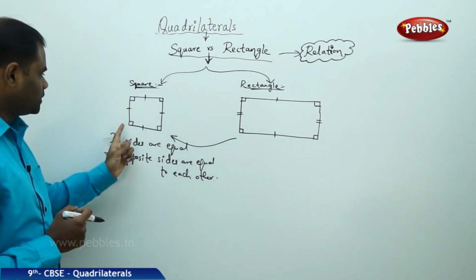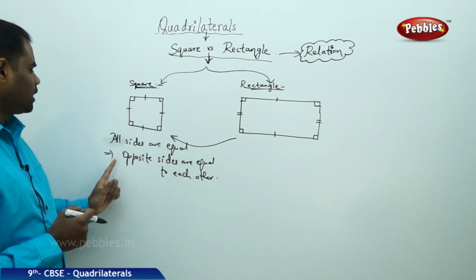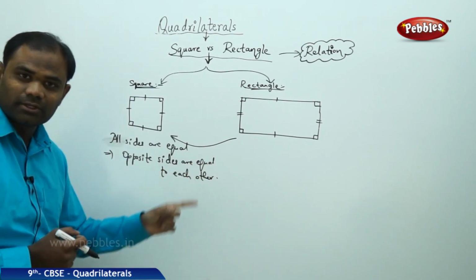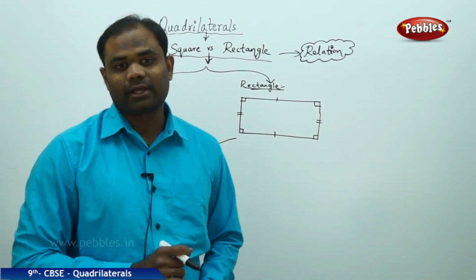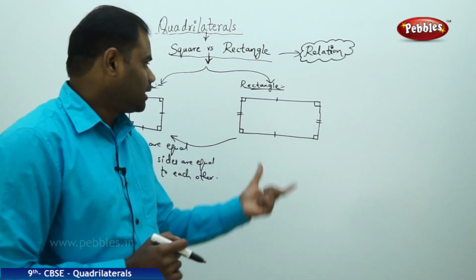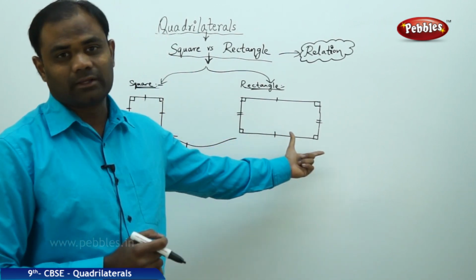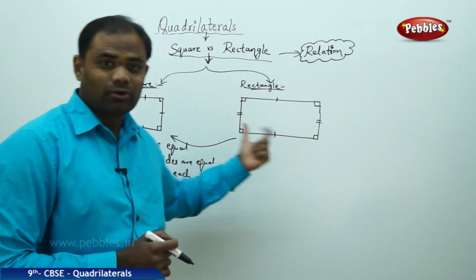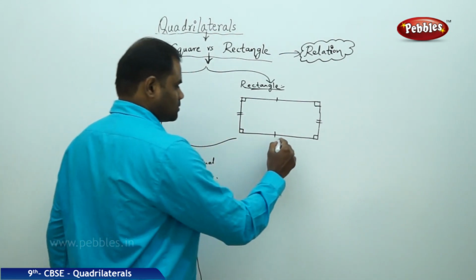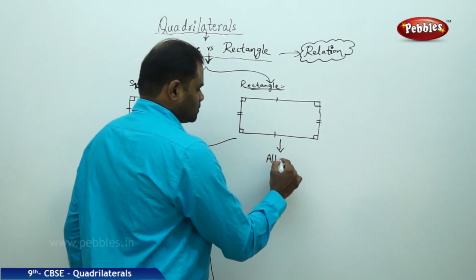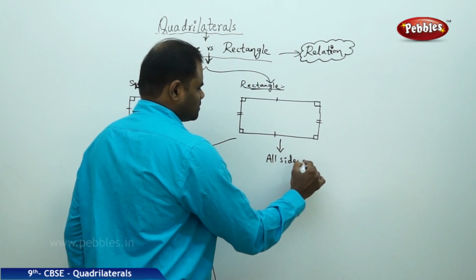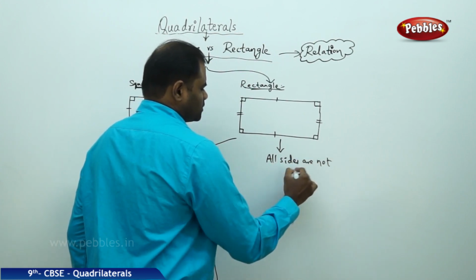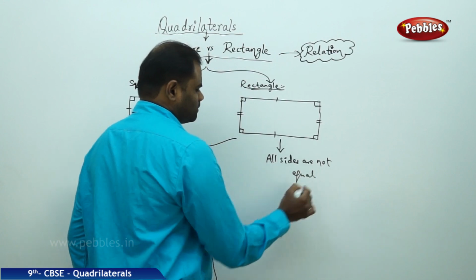Therefore, a square with each angle being 90 and opposite sides being equal to each other can be called a rectangle. Therefore, every square is a rectangle, but every rectangle cannot be a square because all sides are not equal.